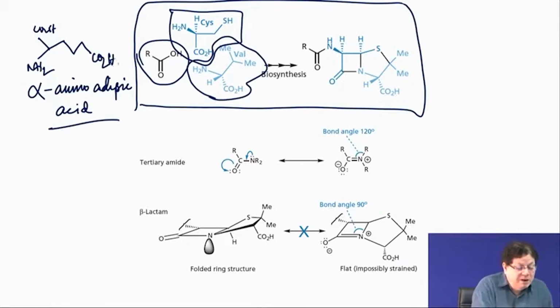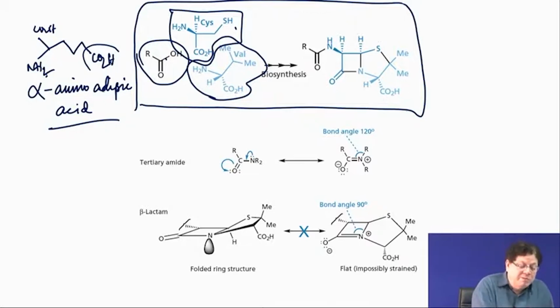Through this alpha amino adipic acid combined with cysteine, and that also combines with valine, you make what will be called a tripeptide, and that tripeptide then cyclizes and you have this penicillin molecule.